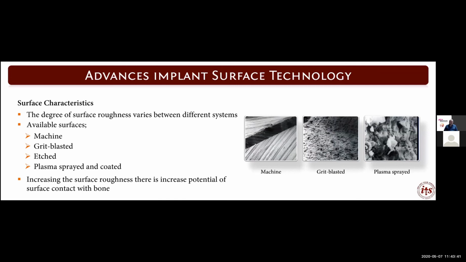The degree of surface roughness varies with various implant systems. Some use a machined surface, some grit blast, some acid etch, and some in previous times used plasma spray, either with titanium or, as we saw previously, with hydroxyapatite.